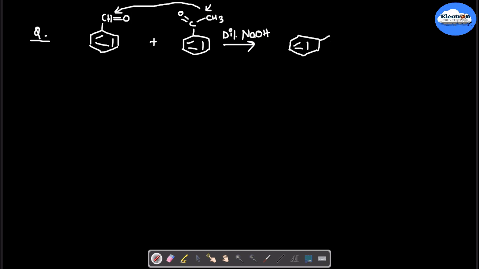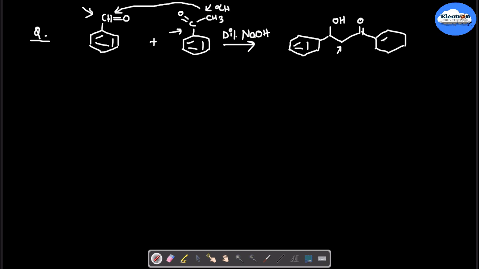So on the benzene ring, the CHO group becomes OH. So the trick is this CHO group becomes OH, and the compound containing alpha hydrogens, these are alpha hydrogens, will be converted to enolate form, and this is the CH2 attached to the carbonyl group CO, and the rest is attached to the benzene ring.